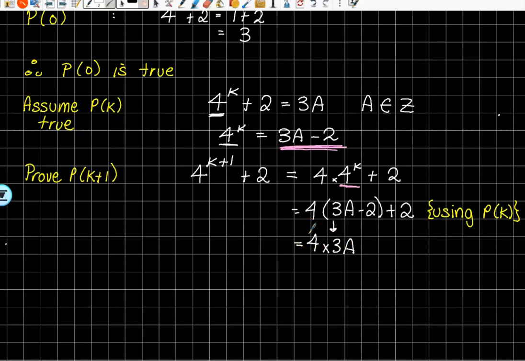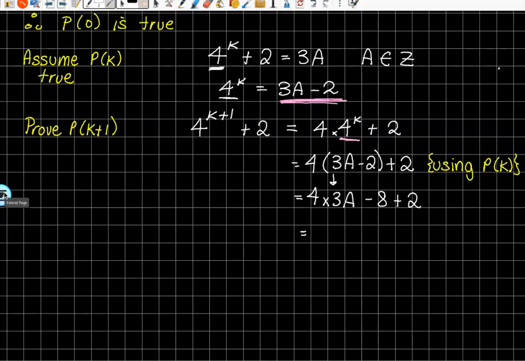I don't want to times that by big values. Anyway, 4 times 2 is minus 8. We get plus 2. I hope a lot of you are already smiling, because you can see this is 4 times 3a minus 6. So I can quite easily now pull out that common factor of 3. So I get 4a minus 2, right?